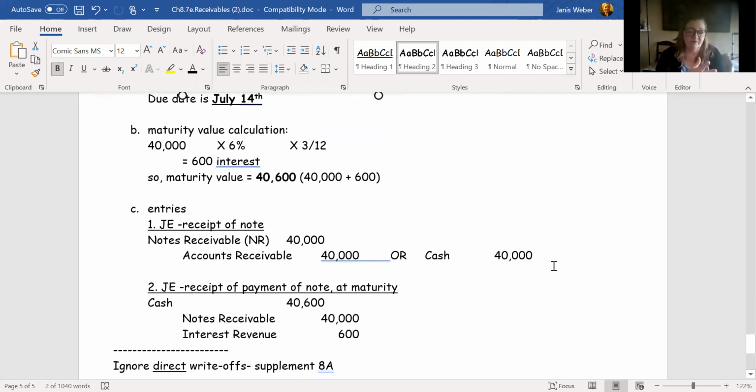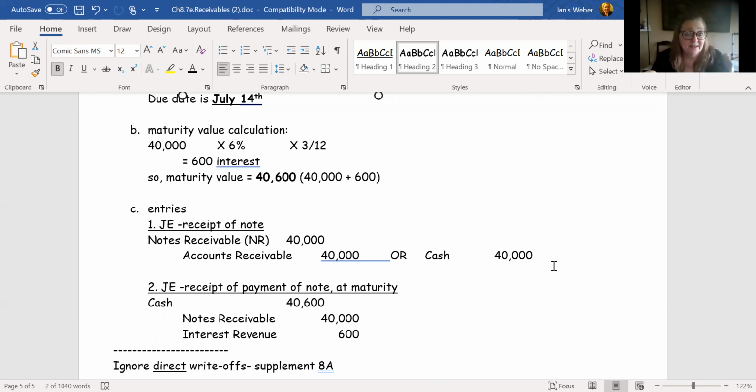So entry to record it. At the time of issuance, usually you could loan somebody money or you could loan another company money. And in that case, you'd debit note receivable, you credit cash. Or most likely what would happen, if you had accounts receivable that the customer wasn't paying, you could say, you know, I can make this right where we can continue doing business by just converting this to an interest-bearing account receivable, which would be a note receivable.